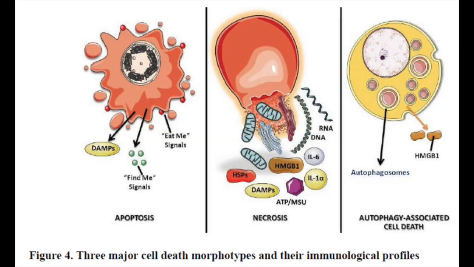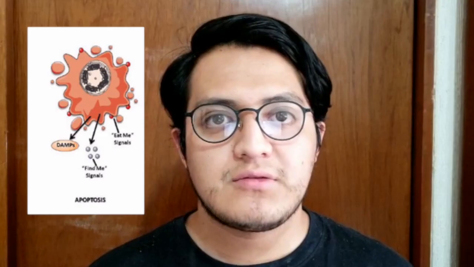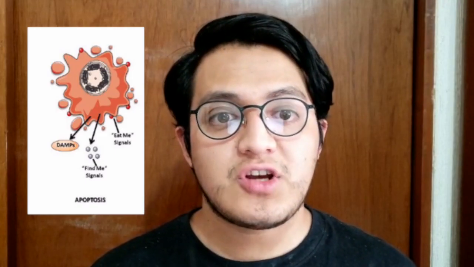Either of these two pathways can evoke the three main cell death pathways: apoptotic, necrotic, and autophagy-associated cell death. The apoptosis pathway is morphologically characterized by chromatin condensation, cleavage of chromosomal DNA into internucleosomal fragments, cell shrinkage, membrane blebbing, and formation of apoptotic bodies without plasma membrane breakdown.